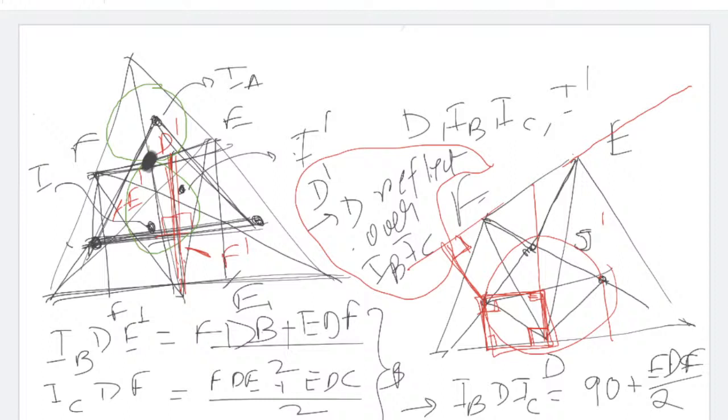So what this motivated me is that you reflect D over I_B I_C to get D dash. I feel like you can sort of maybe length chase with D dash, but I'm not really sure how to do it. That's what I'm basically trying to figure out. I get the feeling it's possible, but well, I'm probably being very stupid.